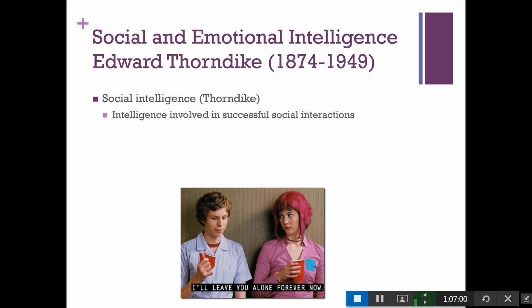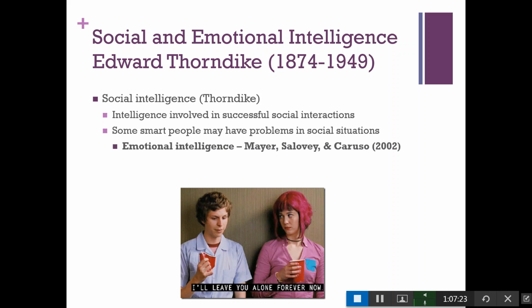So social intelligence is this idea that there's an intelligence involved in having successful social interactions. So some smarter people, or maybe not even, might have problems in more social areas of their life. Maybe they don't know what the right thing is to say. They end up offending people. So people can have varying degrees of social intelligence.